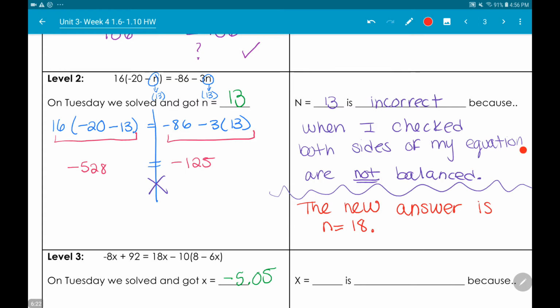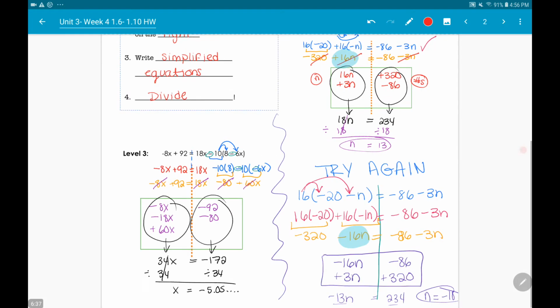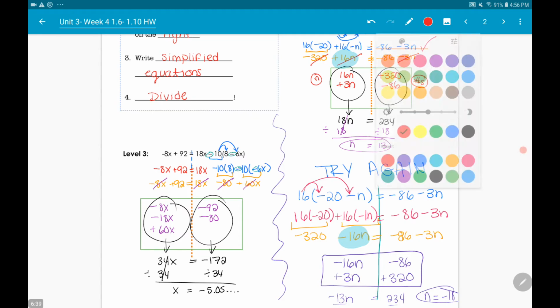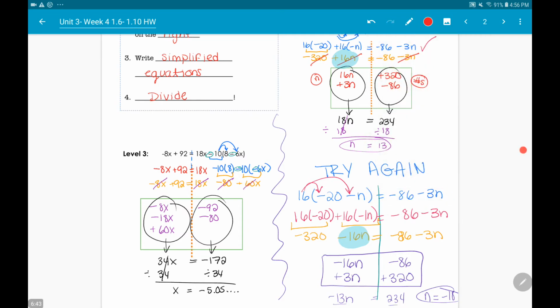All right. So the last one, I can tell because this is a pretty long decimal that we must have did something wrong. Because when we get decimals, they're usually terminating. And this is not. So I'm just going to flip back to the level 3 from Tuesday. And let's kind of scan through and go line by line and see what we did wrong.